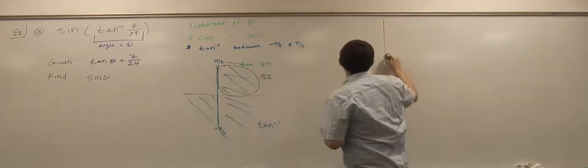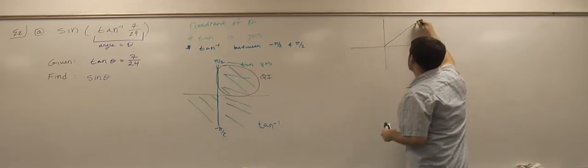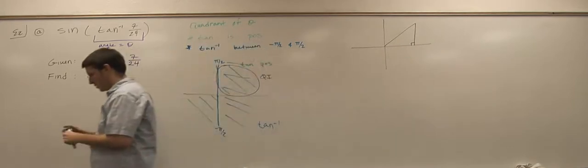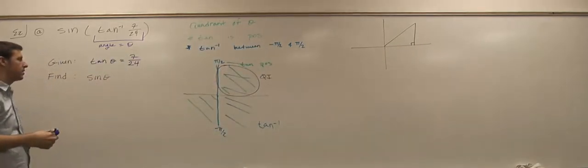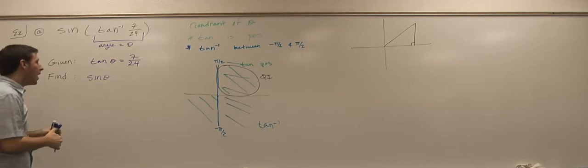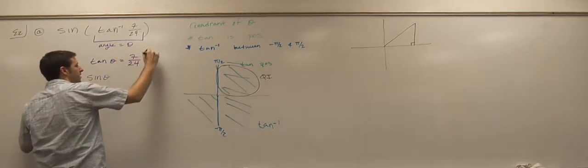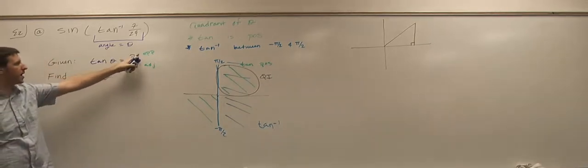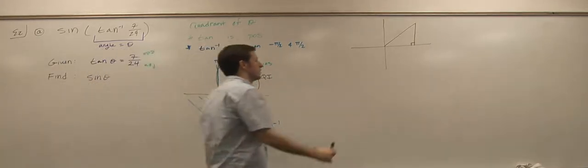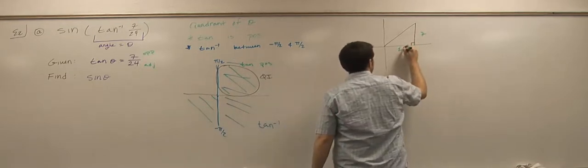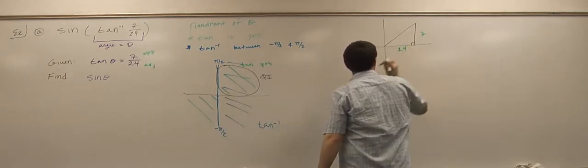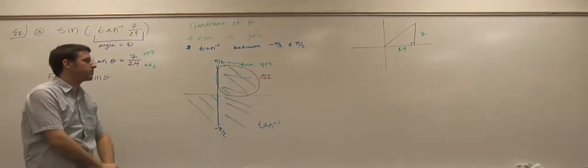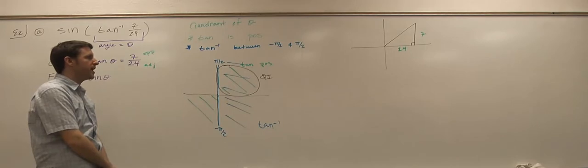Our triangle is going to have to be in quadrant 1. So I put a nice right triangle in quadrant 1. What do I label the side lengths? Opposite is the top here, adjacent is the bottom. So using this tangent ratio, I can label my opposite 7 and my adjacent 24. Then you do your Pythagorean theorem.